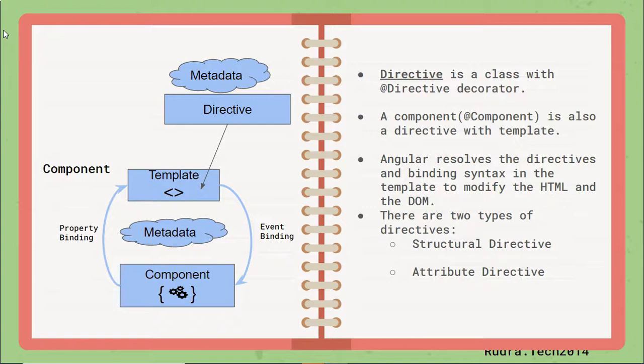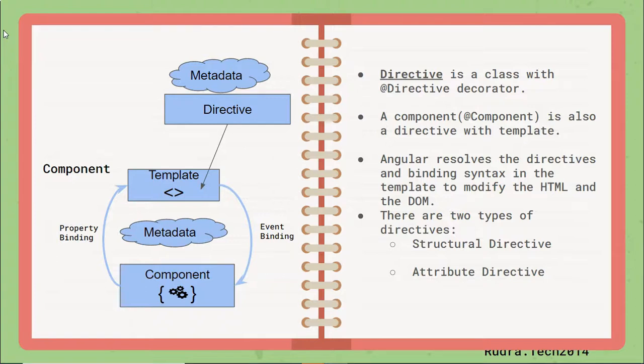That is, the class with the @directive will not have its own template, but a component, it's also a directive, will have its own template. Angular resolves the directives and its binding syntax in the template to modify the HTML and the DOM.